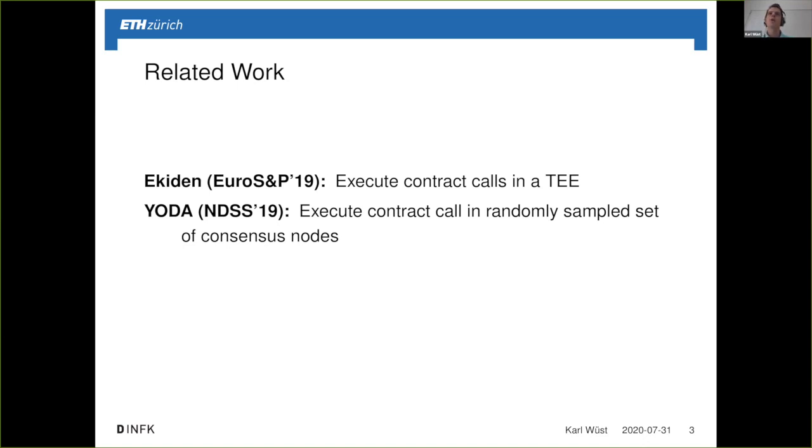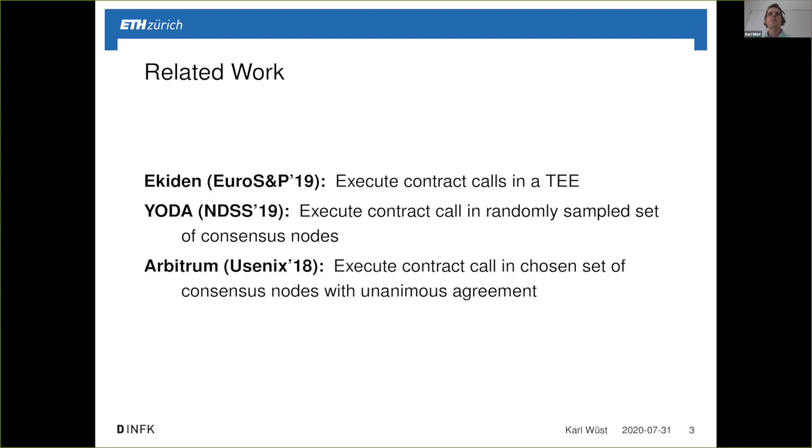So Yoda can effectively reduce the number of nodes that execute the contract from a few thousand to a few hundred, and they might need multiple rounds of execution before it can actually be committed. So this can improve the problem a bit, but it still needs quite a lot of redundancy.